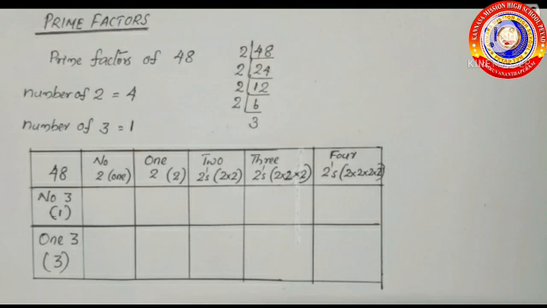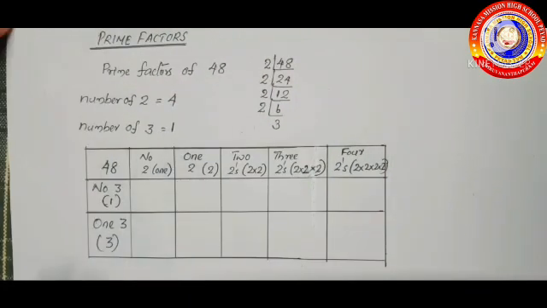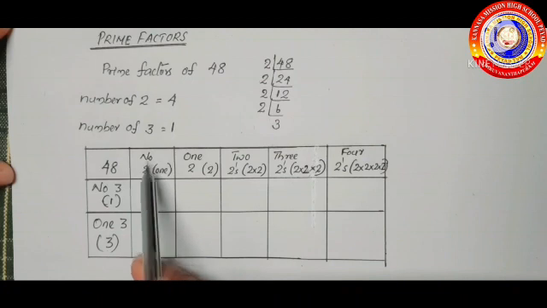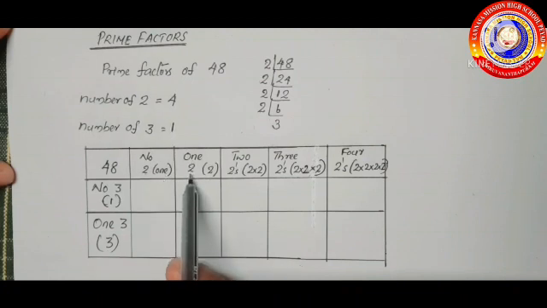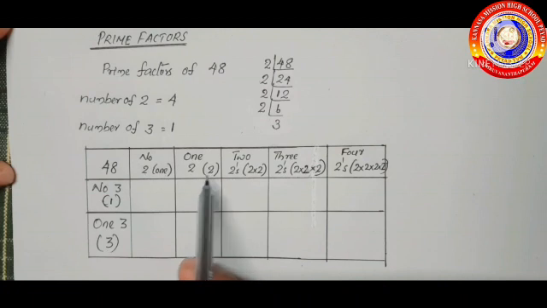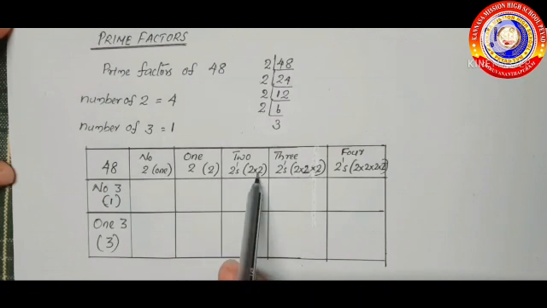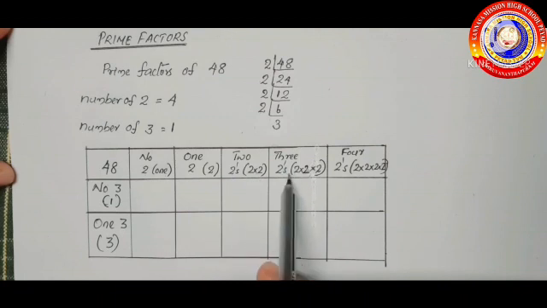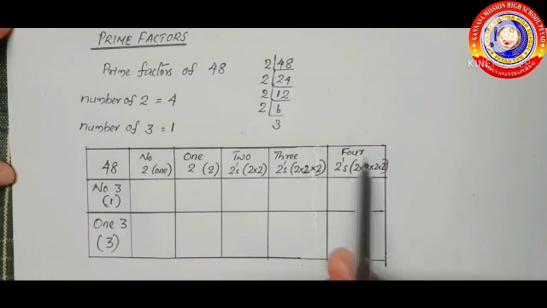1 is a factor of every number, so we start from no 2 and no 3. It means 1 is a factor of that number. The table contains no 2, which means 1. 1 2 means 2. 2 2's means 2 into 2, 4. 3 2's means 2 into 2 into 2, 8.